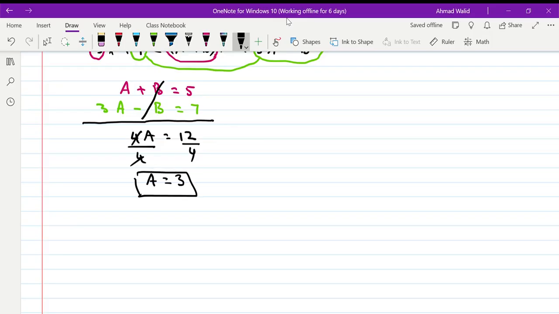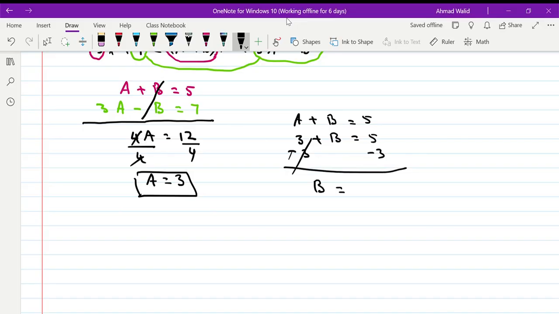Find the value of B. Copy one of the equations: A plus B equals 5. Plug in the value of A here. 3 plus B equals 5. It means subtract 3 from both sides. B equals 2.